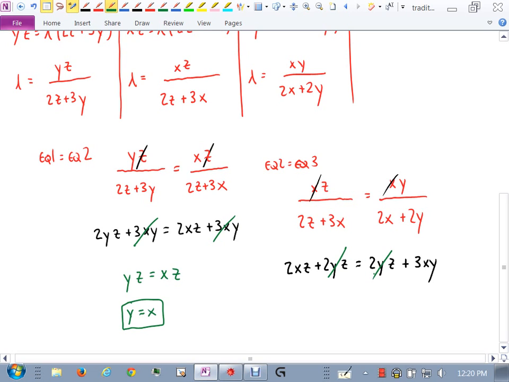And now, what? Get rid of the x's? So 2z equals 3y, or z equals 2/3 y.